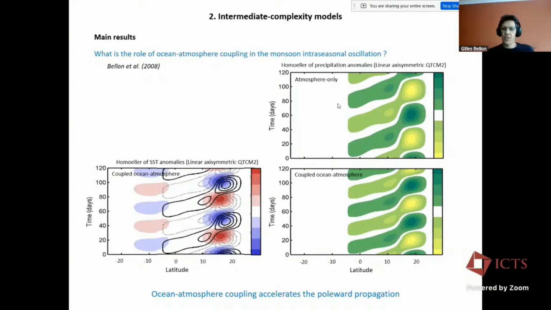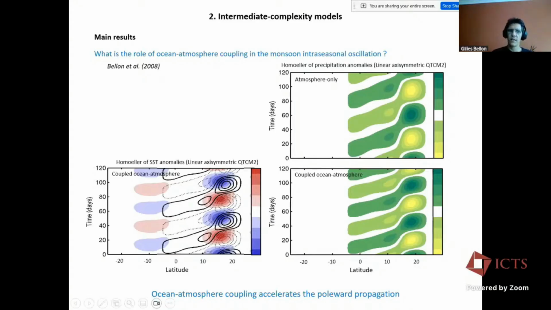The main thing that changes is the period of this mode, right? It seems that the period is shorter in the coupled ocean-atmosphere model. It's about 20% shorter, actually. We go from something like 40, 42 days to about 35 days.